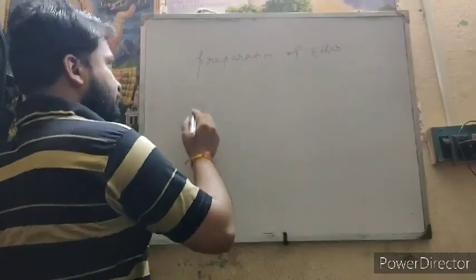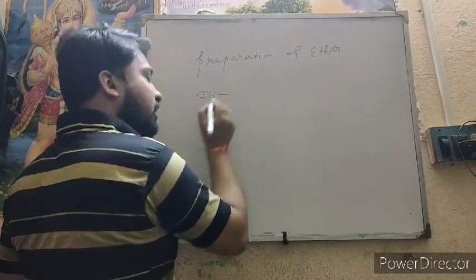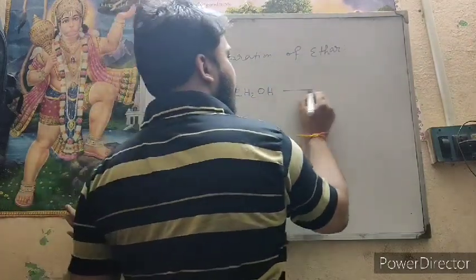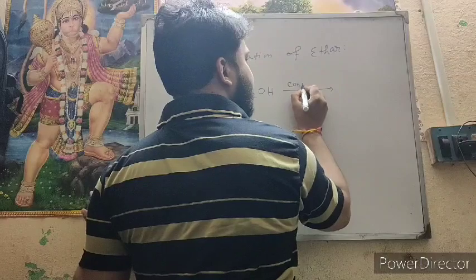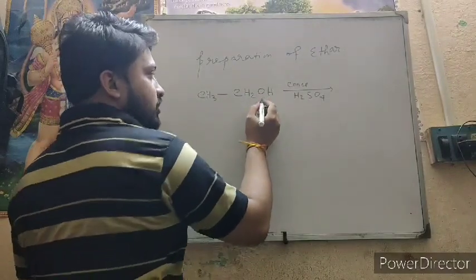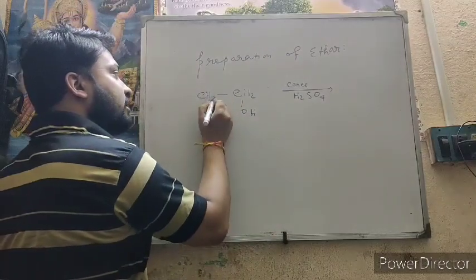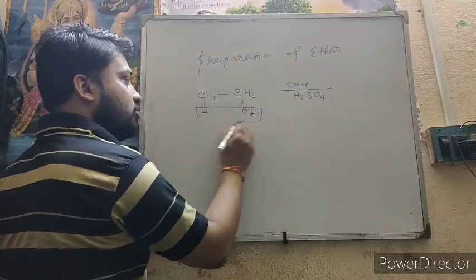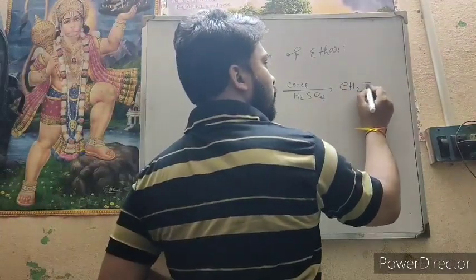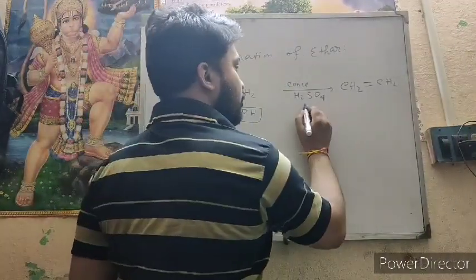If you take CH3CH2OH and use concentrated H2SO4, you get CH2=CH2, since a water molecule is removed, but the temperature required is 443 Kelvin.